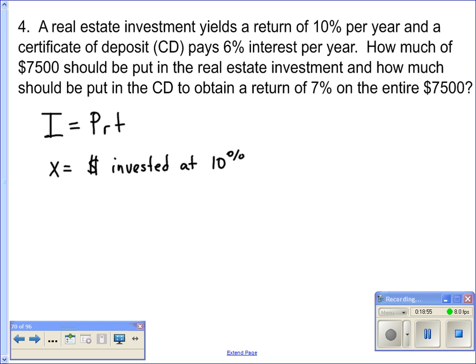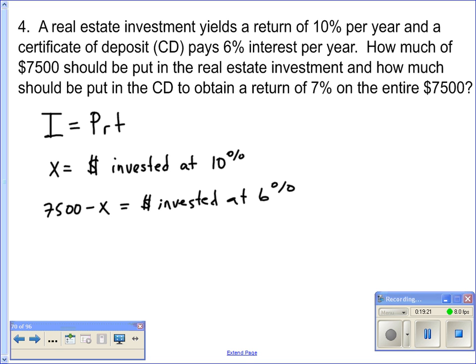Okay, if X dollars is invested at 10%, then there's only a total of $7,500. So the amount invested at the other rate, which is 6%, is going to be 7,500 minus the X. Okay, so we have that. Those are the two amounts.